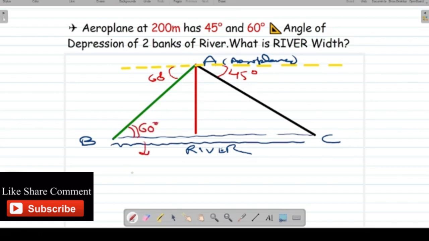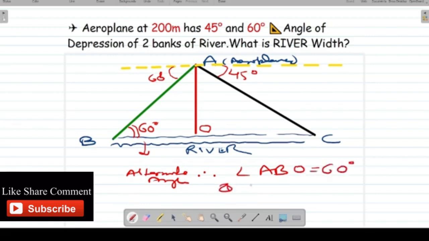Therefore, let us put this point as O. Angle ABO is equal to 60 degree, and similarly angle ACO will be equal to 45 degree.